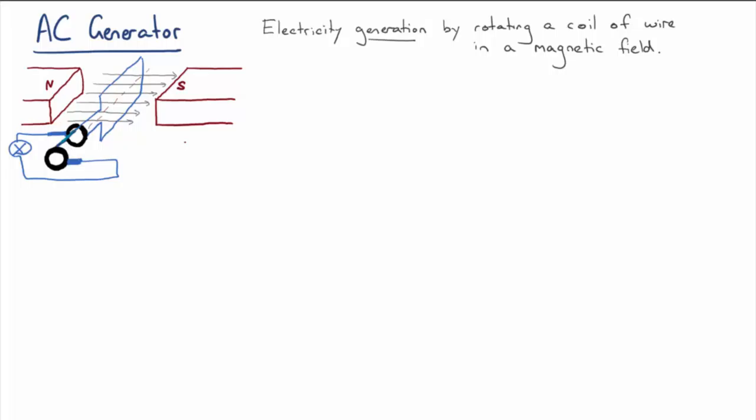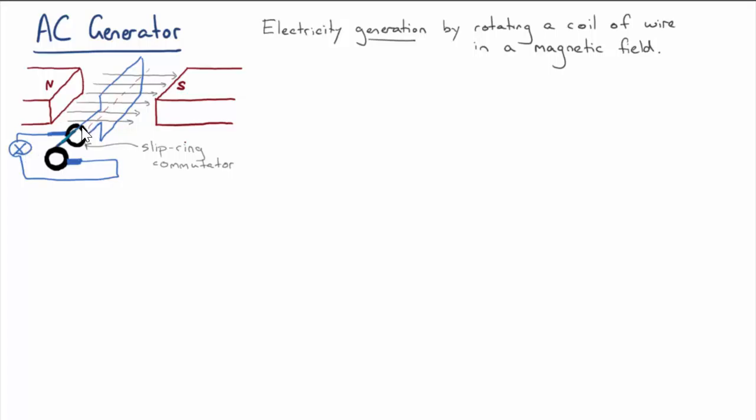Now, I'll just point out these things in black that I've drawn here. This is called a slip ring commutator. It's a bit hard to tell here, but this ring allows the wire coming off this side of the loop to be attached to this side of the circuit, where we've drawn a light bulb.